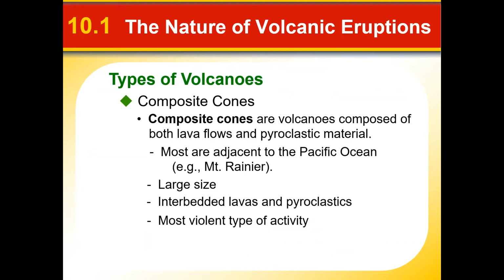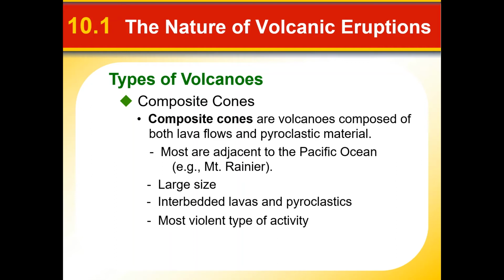And then lastly, we have the composite volcanoes, which are composed of both lava flows and pyroclastic materials. Most are adjacent to the Pacific Ocean because around the Pacific Ring of Fire, there are actually convergent boundaries which produce these types of volcanoes.